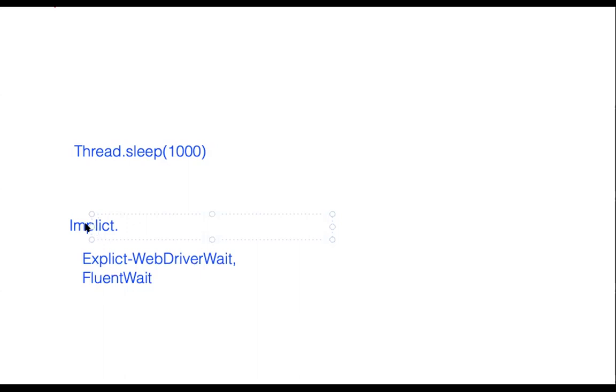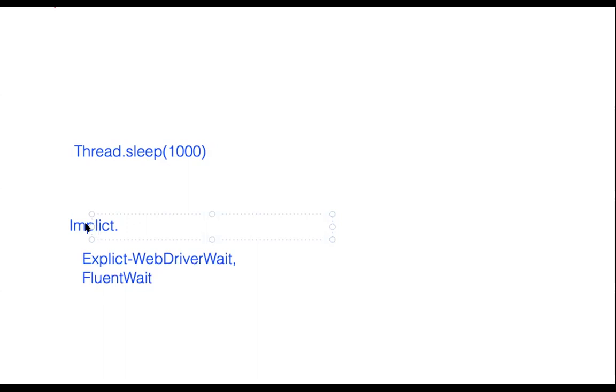Since implicit wait is present, when you do driver.findElement and the element is not there, it will wait for 30 seconds. Actually, it will not wait the full 30 seconds, it will wait until the element is found or the timeout is reached. So if the element appeared in 10 seconds, it will not wait for 30 seconds. It will immediately do the operation and move forward. The amount of time I'm telling you is a timeout.